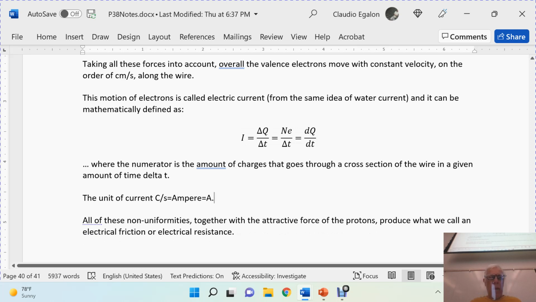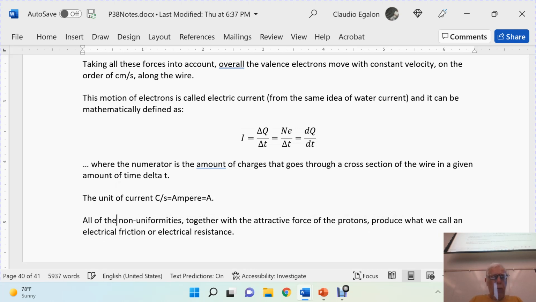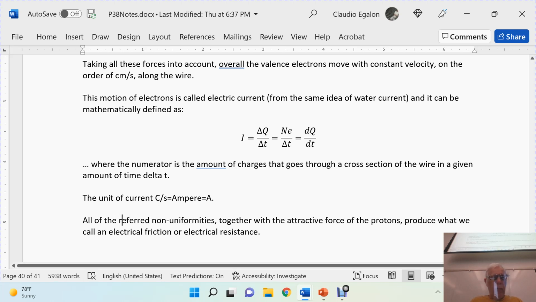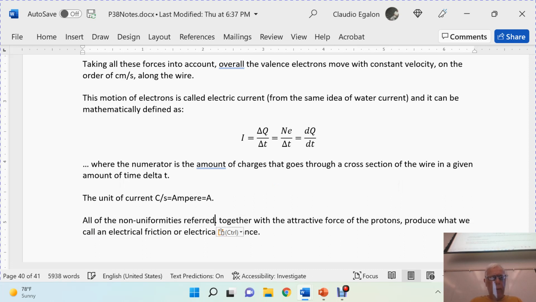Okay. All the non-uniformities referred to previously, together with the attractive force of the protons, produce what we call an electric friction or electrical resistance.